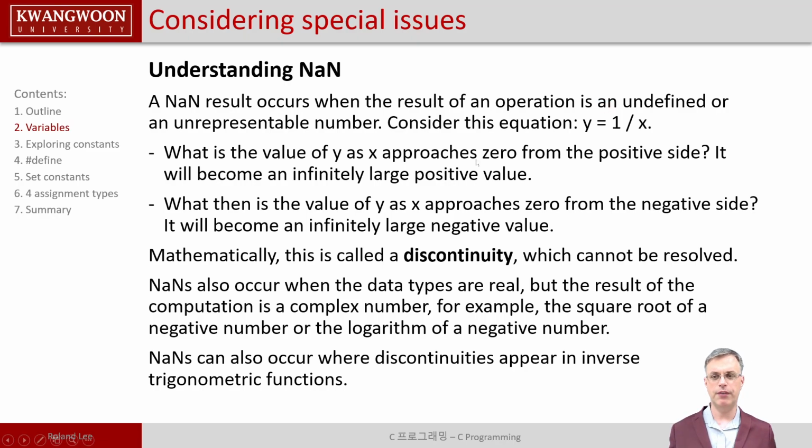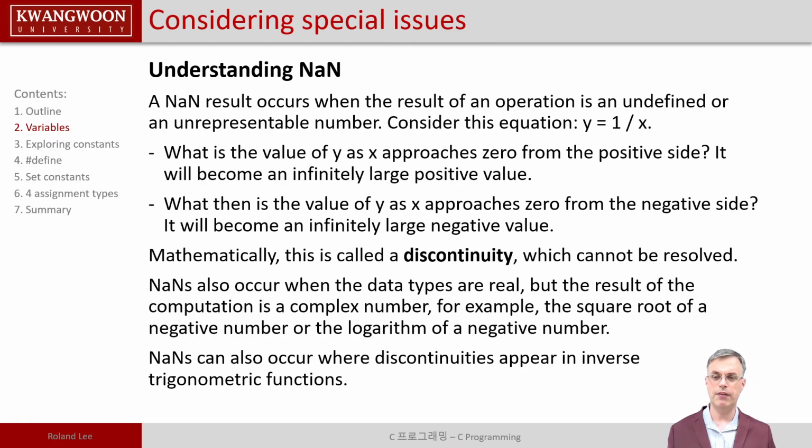Also consider an equation like y equals 1 divided by x. What if we get an x value of 0? What then is the value of y as x approaches 0 from the negative side? It will become an infinitely large negative value.